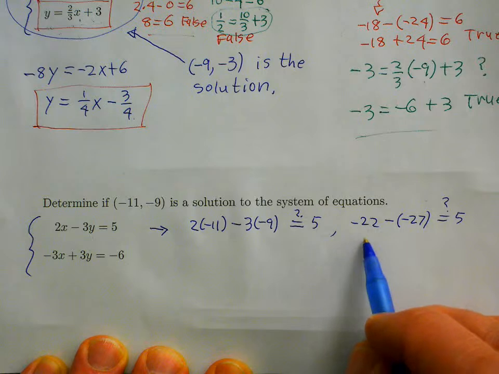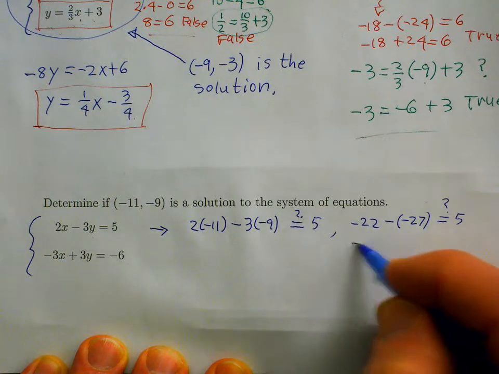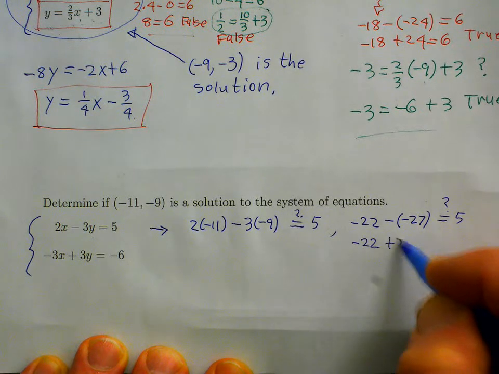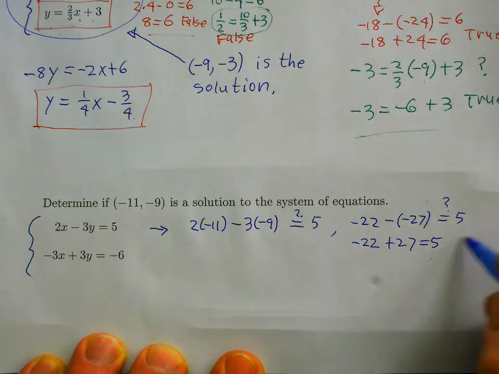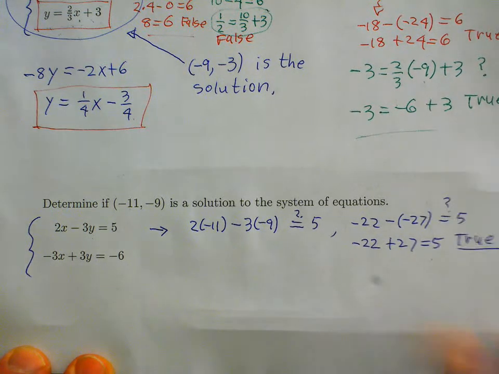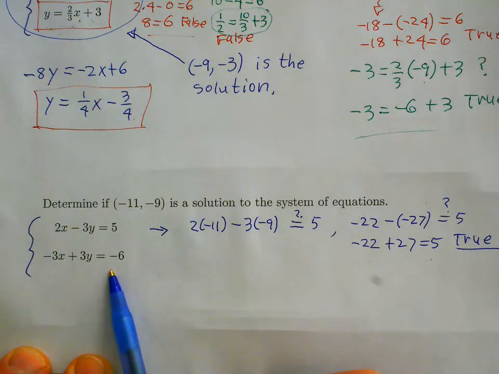And negative 22 minus negative 27 is the same as negative 22 plus 27. And this is true. Negative 22 plus 27 equals 5 is true. Okay, so now we have to test the bottom line.